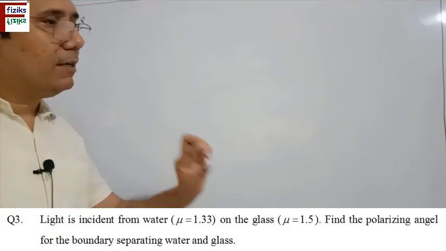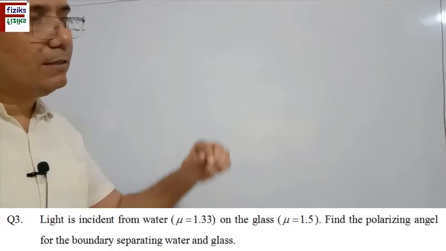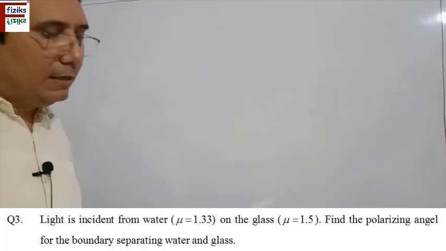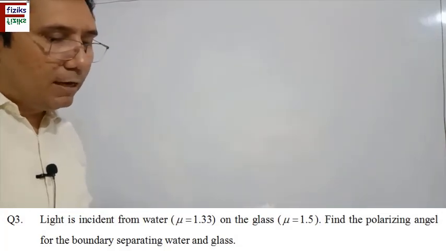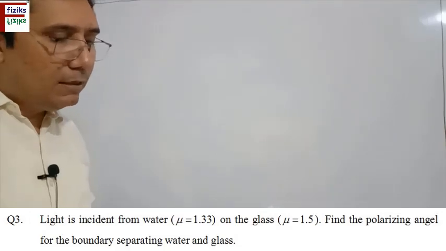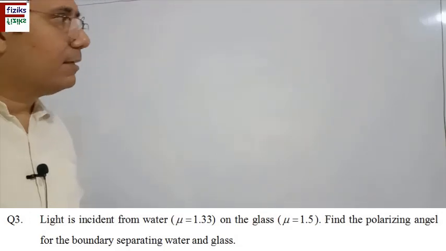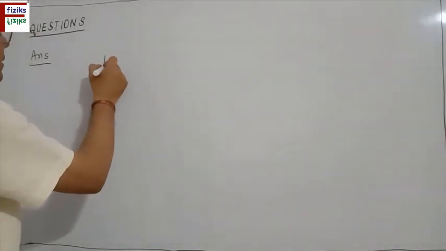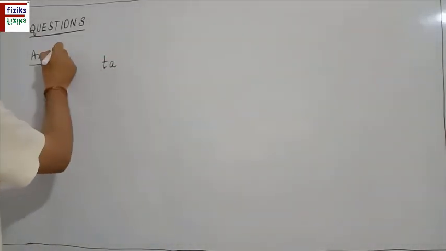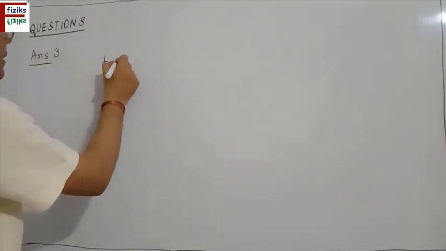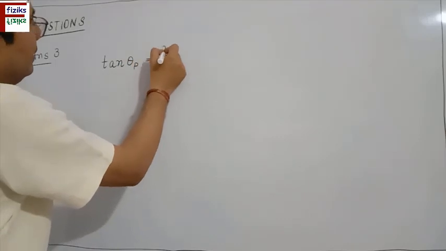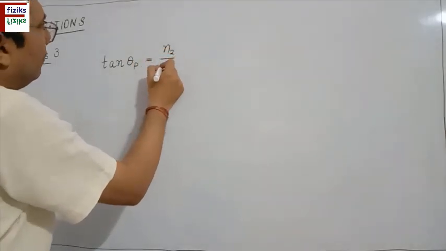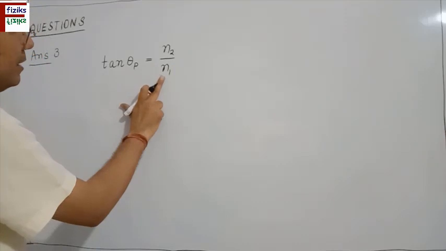So we have a glass plate placed inside the water. Light is traveling through water and falling on the glass plate. Now we have to find the polarizing angle for the boundary separating water and glass. Here the polarizing angle is given by tan theta p equals n2 upon n1, where n1 is the refractive index of the first medium.